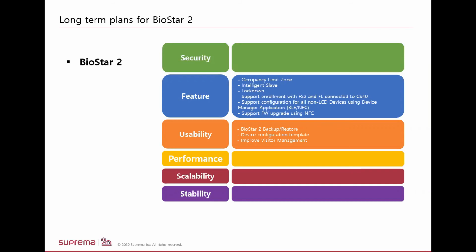And some countries, I'm not sure if it's a law, but it's very strict in certain countries. And there are needs to control the users that are in a certain area. So if we can limit the number of users in a certain zone combined with an APB, then we can limit how many people can be in the zones.